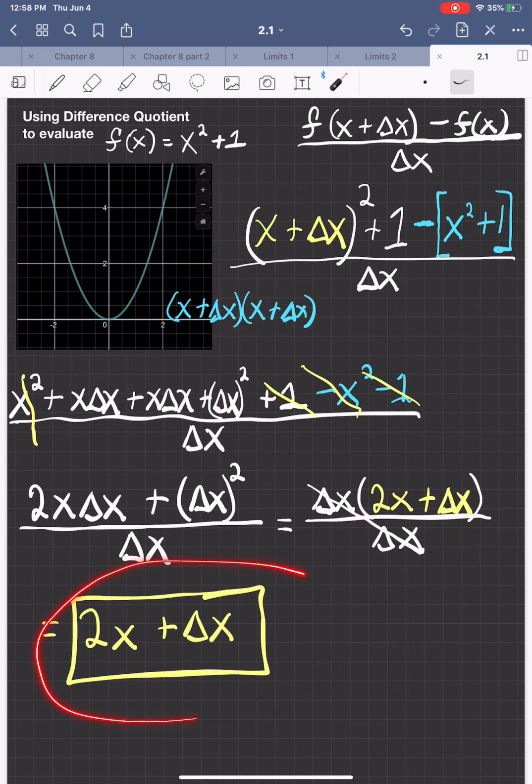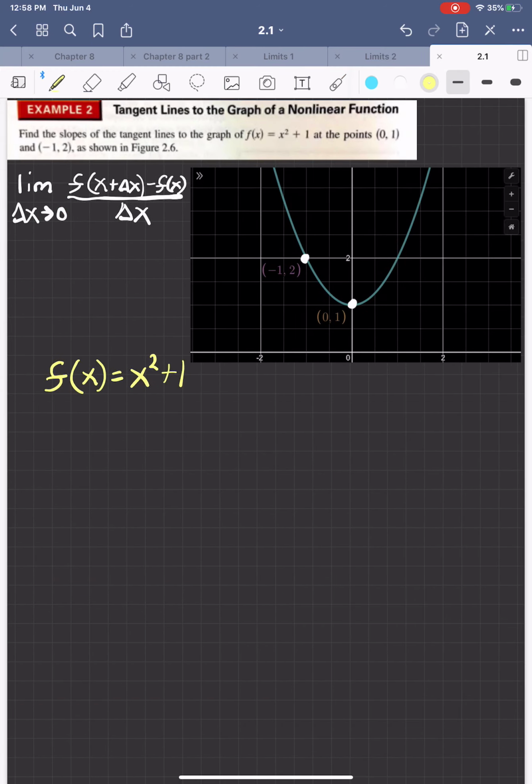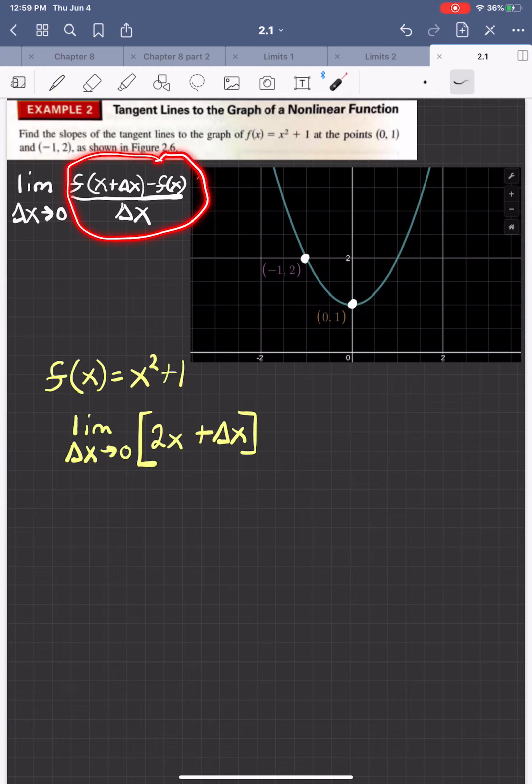Let's go ahead and grab this 2x plus delta x, because at this stage we're almost done with the derivative, but we still need to take the limit as delta x approaches 0 of what? Of 2x plus delta x. I assume that you've gone through this part just like we did on the previous page, and now you're left with this final part where you take the limit.